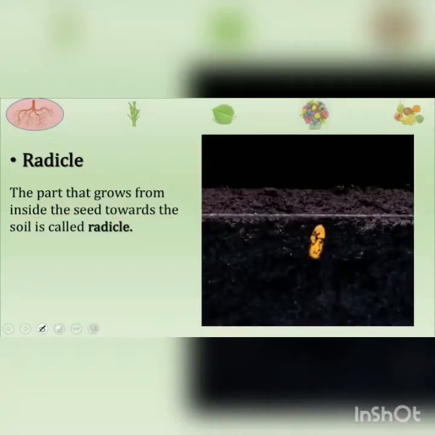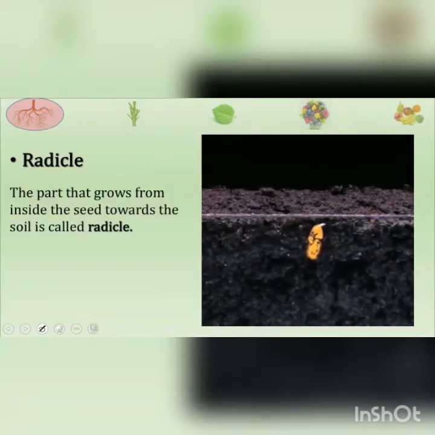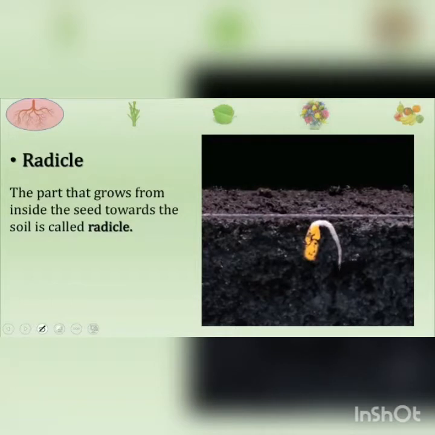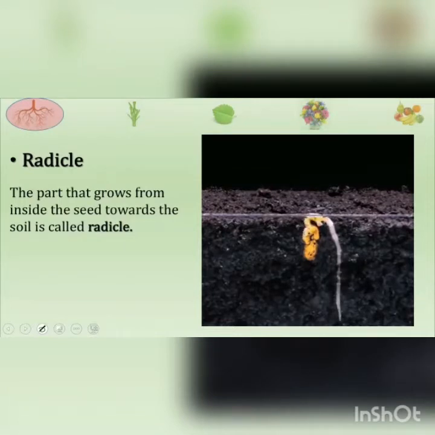Let us see how it happens. Children, if you see here in the video, the white part which is going deep inside the soil is known as radicle. Okay, children.